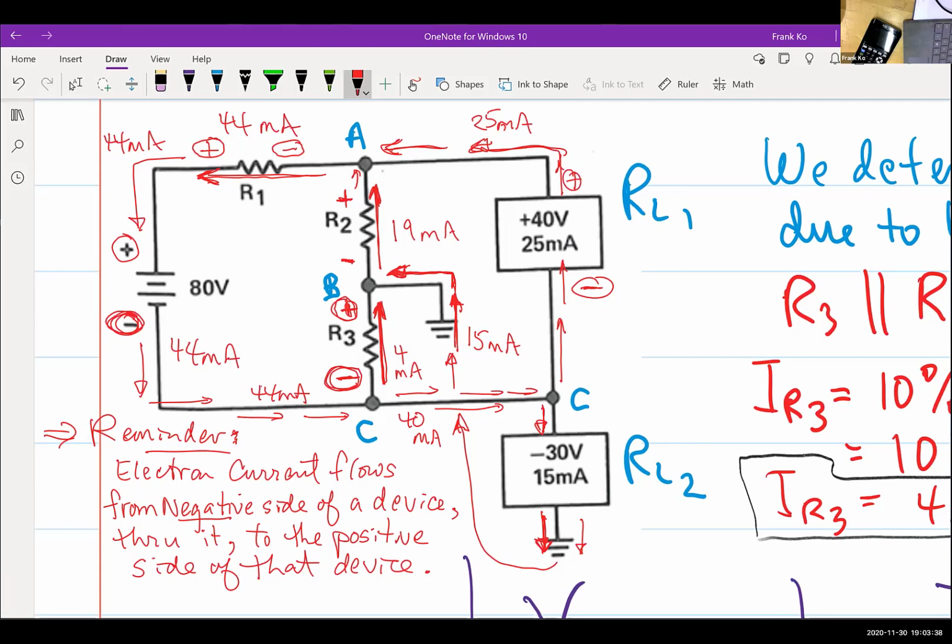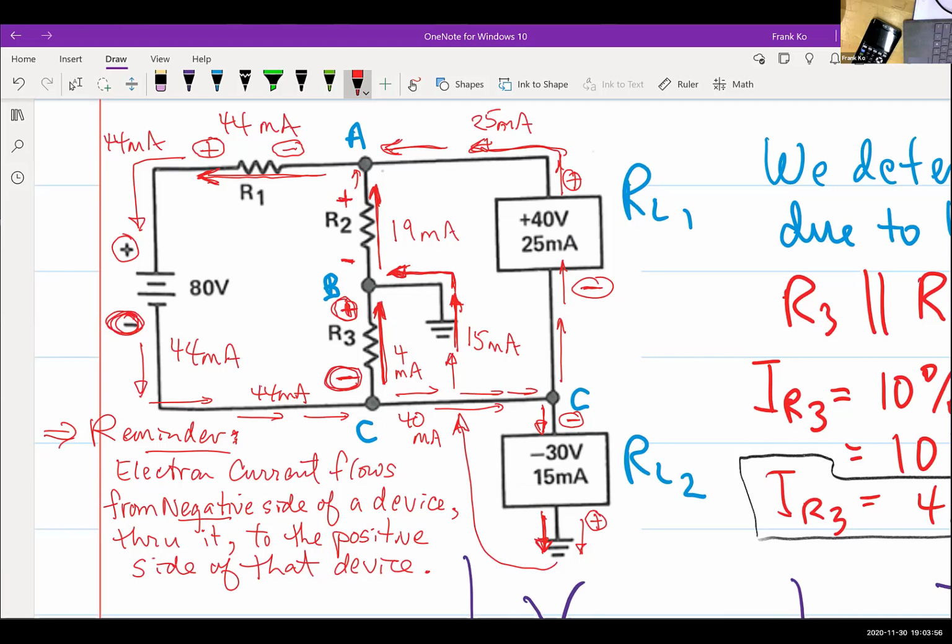Now, take a look at RL2. Which way is the current flowing through RL2, up or down? Down. Which means that the top of RL2 should be what polarity? Negative. And the bottom of RL2 should be positive.